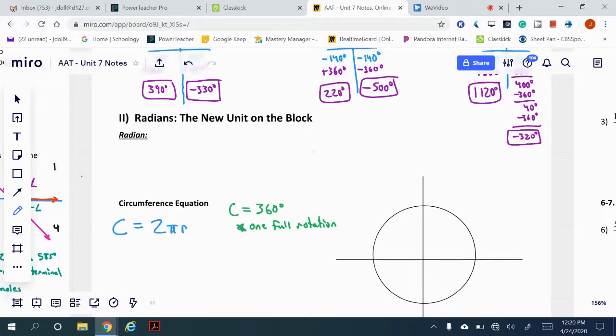So let's dive right in here to radians, because radians and degrees are going to be like inches and centimeters, like pounds and kilograms. They're measurements, they're units for the same exact real life thing, but they're going to have a different foundation on how they define that measurement.